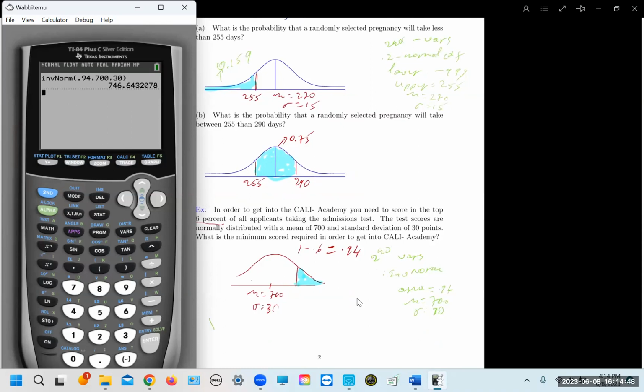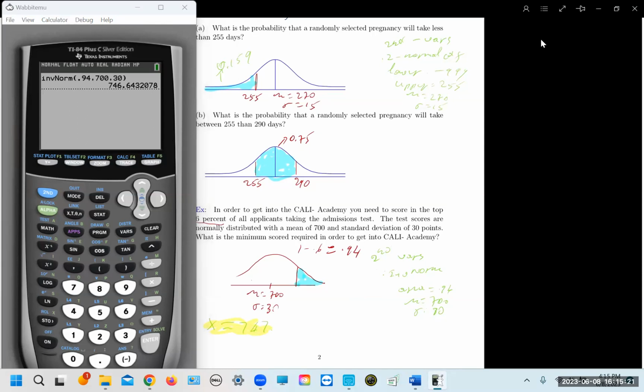So we're looking for approximately 743.7. That is the score. So that is the score required for the California economy. We need that much for that.